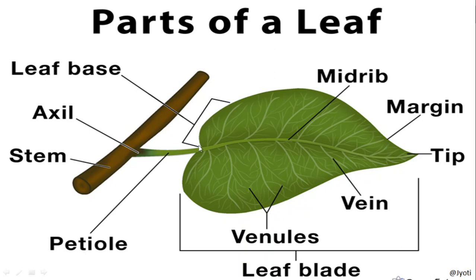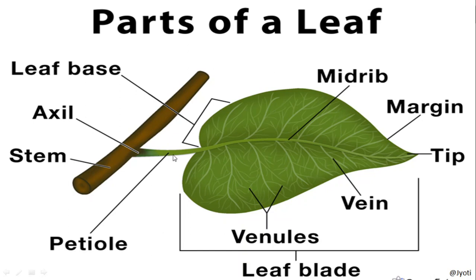Now the petiole is extended up to the tip of the leaf, and this is called midrib. Then from the midrib, the branches that develop are called veins. And again the veins are further branched, that is called venules.